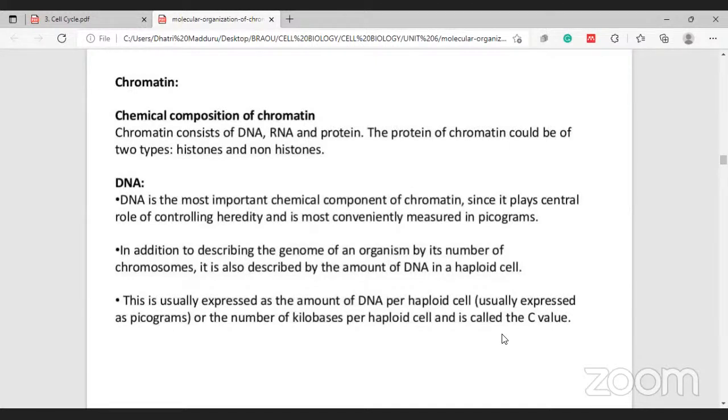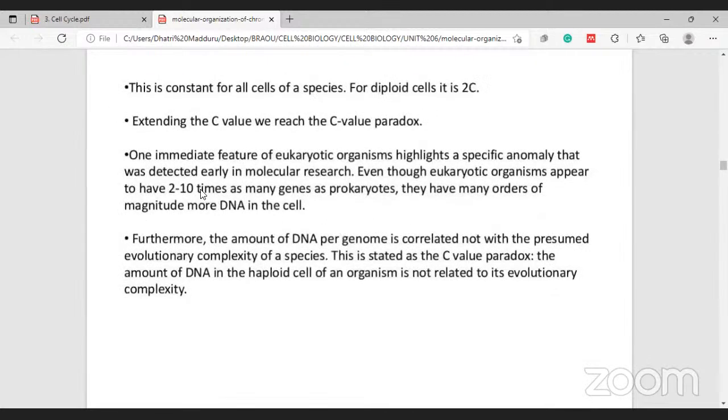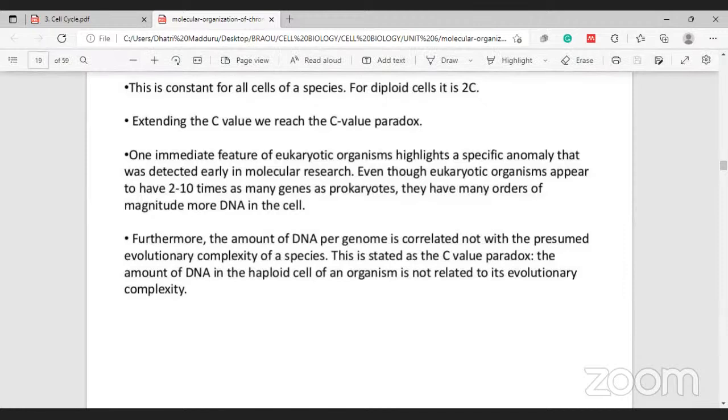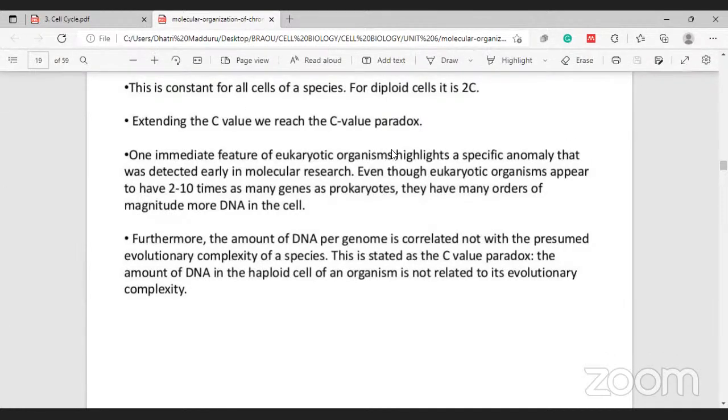If only one, that is a haploid set of chromosomes, is present, the amount of DNA present is given as C value, and this differs from organism to organism. This C value is constant for the species. That means in the diploid cell, we have 2C, that is 2 copies of the C value. This is the C value paradox I told you about.